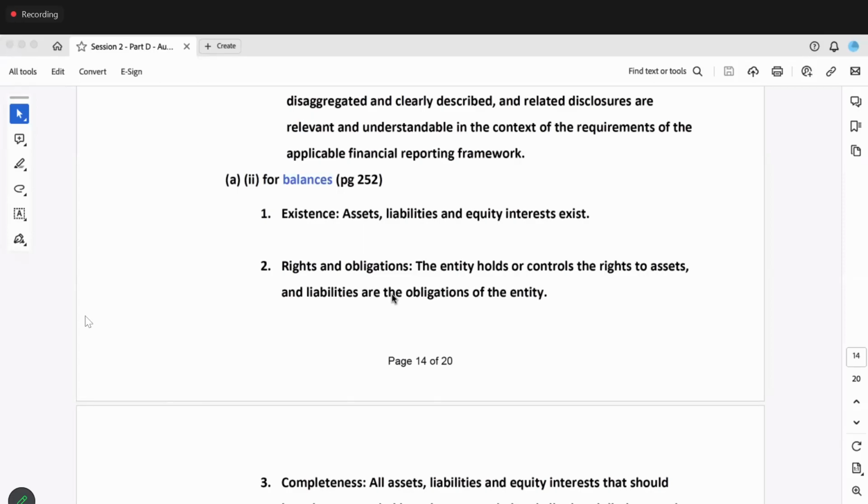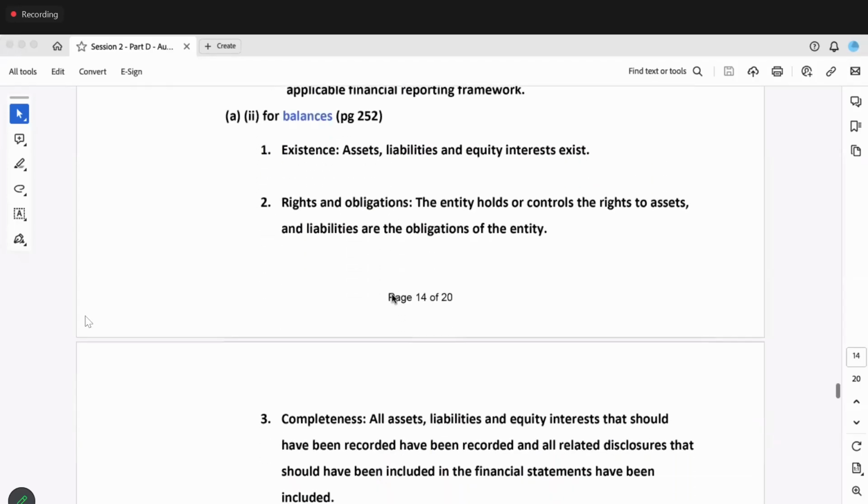The rights may come from different reporting standards, depending on the classes of assets. Obligations may come from SFRS International 9, which is financial liabilities, or from SFRS International 1-37 on provisions and liabilities. It could come from any of these.